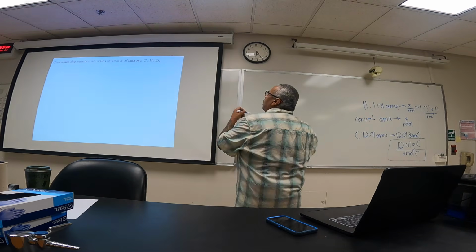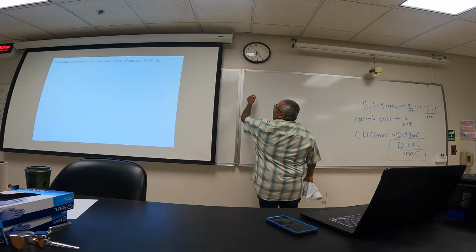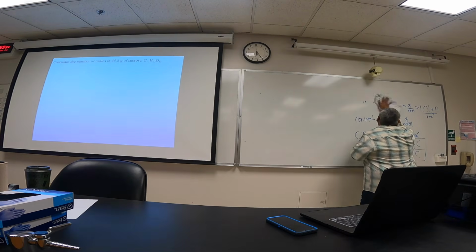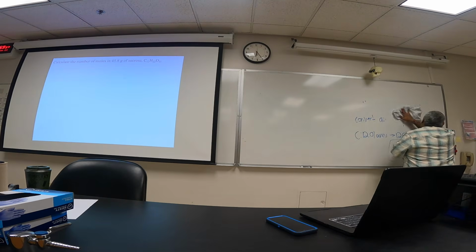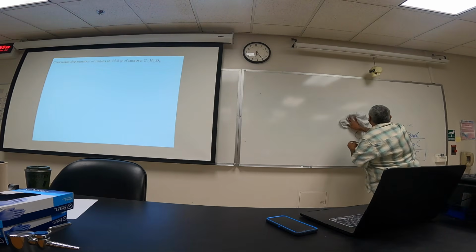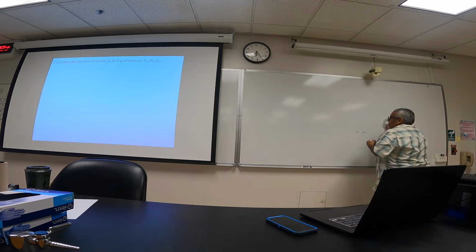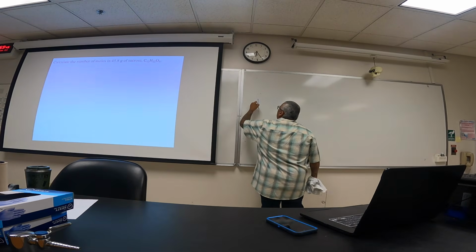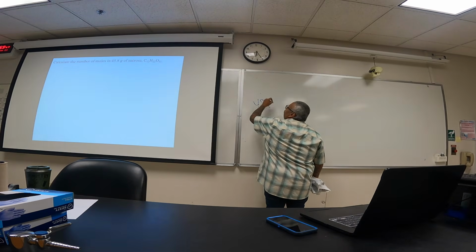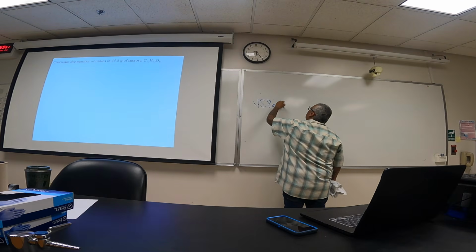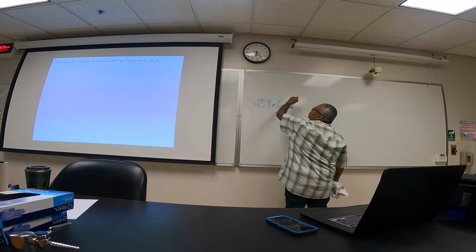All right, calculate the number of moles in 45.8 grams of sucrose. So what should be the first piece of information that I'm going to write? Yes, so we're going to write 45.8 grams of sucrose.